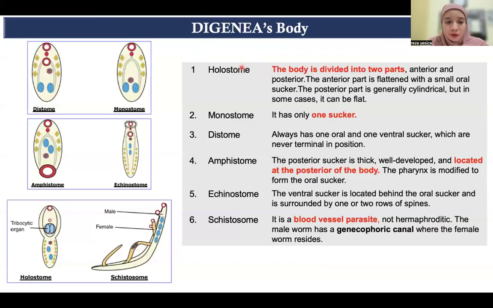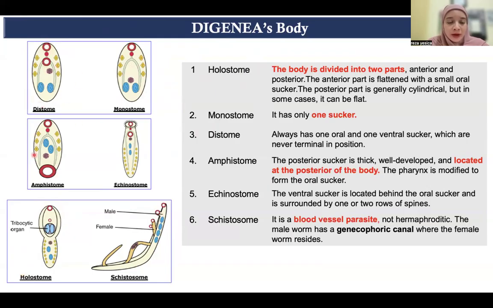We have holostome. Holostome is like this one, so the body is divided into two parts. And monostome, if monostome, these digenean worms only have one sucker, and the other is not true. And for distome, they always have one oral sucker and one ventral sucker like this picture.